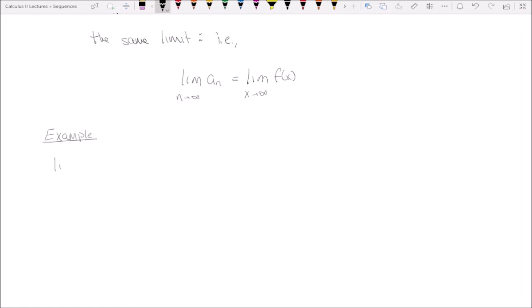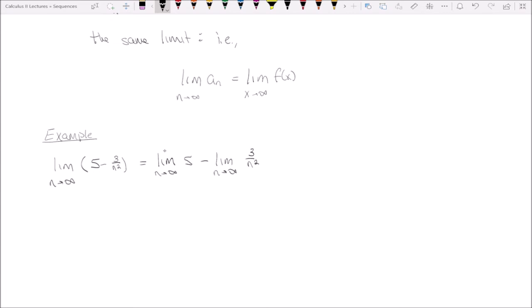Right, let's take a look at some limits. So we want the limit as n approaches infinity of 5 minus 3 over n squared. Well, we can write this as the limit as n approaches infinity of 5 minus the limit as n approaches infinity of 3 over n squared.